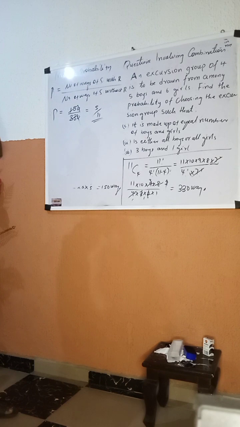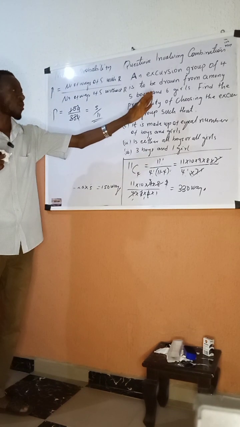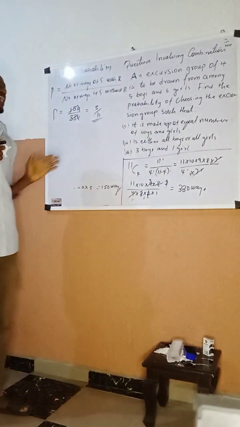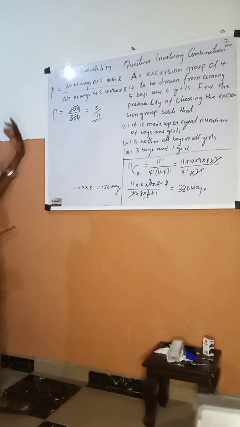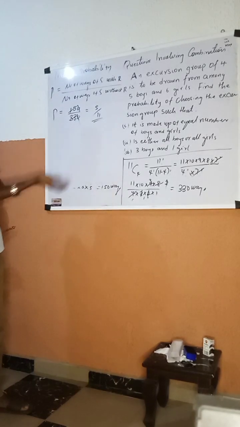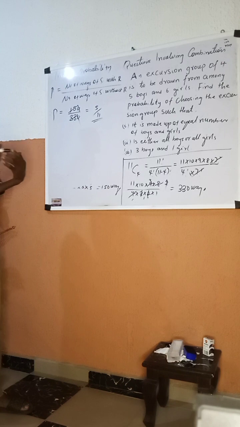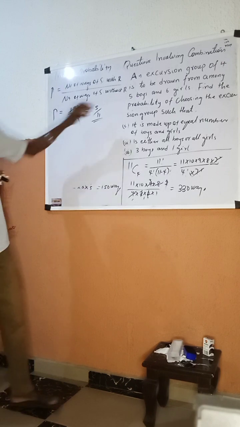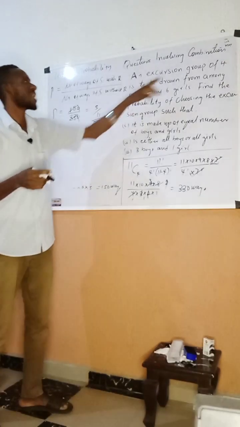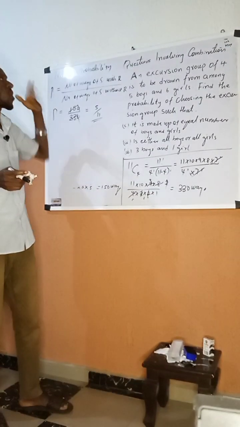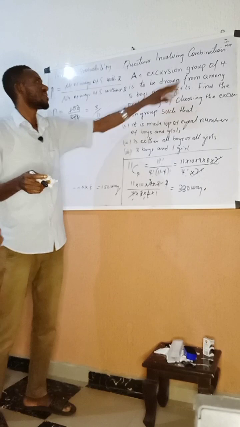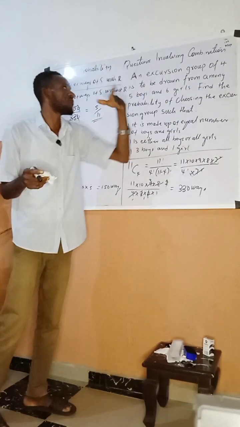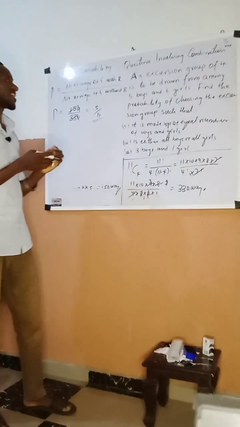Question number II says: is either all boys or all girls? That is, we are going to select all of them to be boys, or we select all of them to be girls. That is to say, we come to these 5 boys and directly select 4 who are going for the excursion, or we come to these 6 girls and directly select 4 who are going for the excursion.